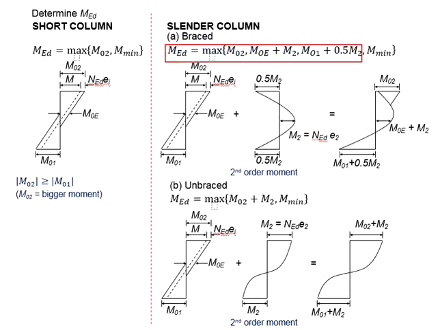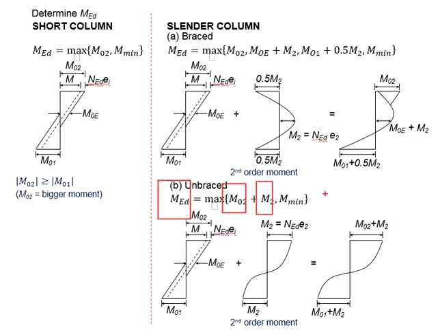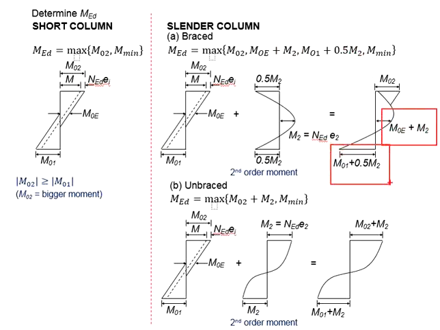This can be seen from the equations to determine the MED. The MED here will be the summation of the first order and the second order moment. Whereas this one does not require to be added up with the second order moment. In the case that the second order moment is used, it is anticipated to happen here.